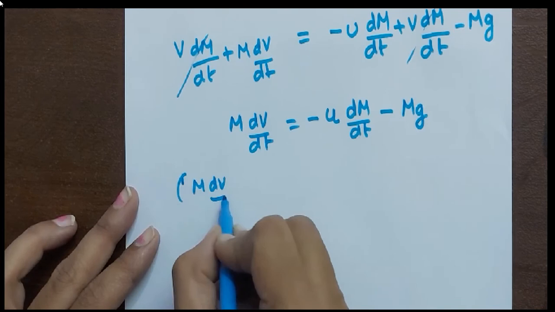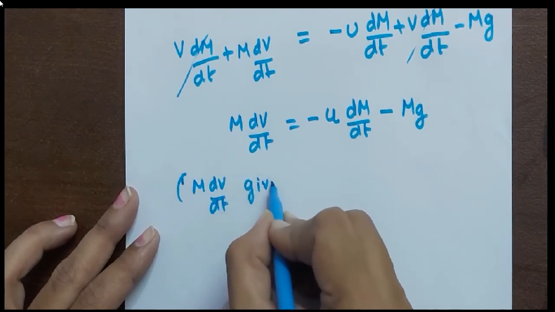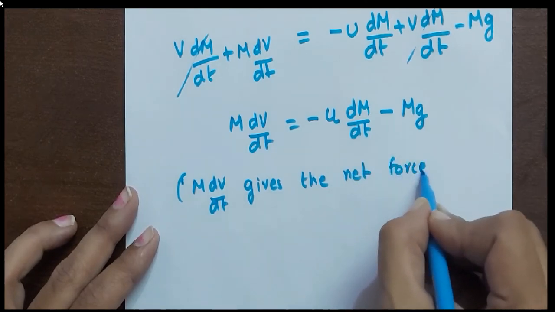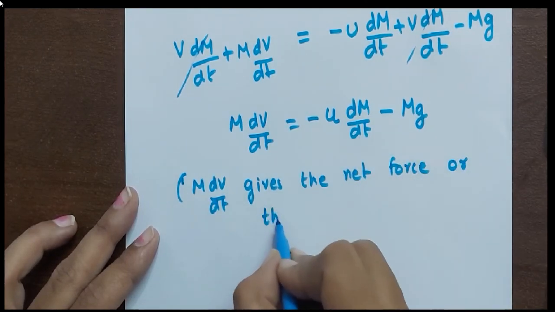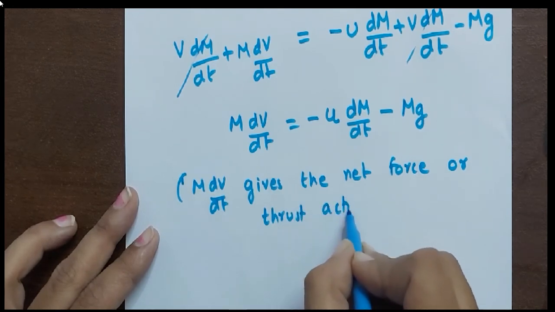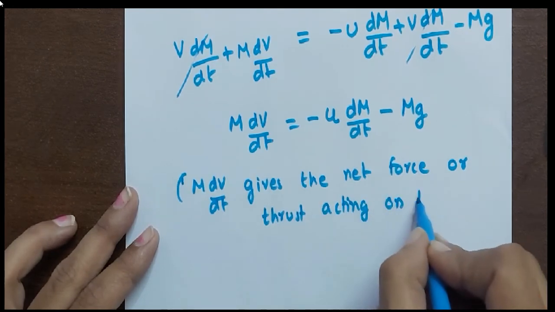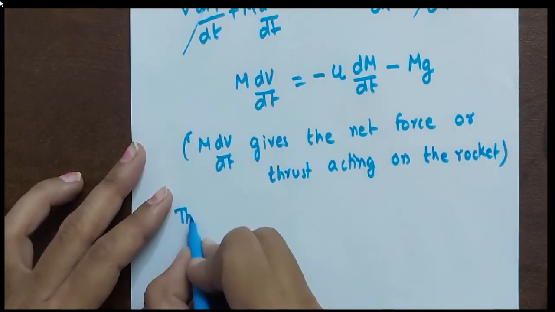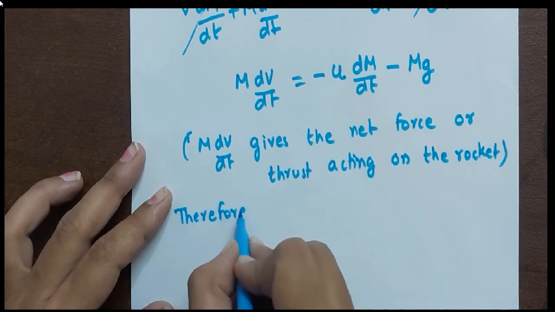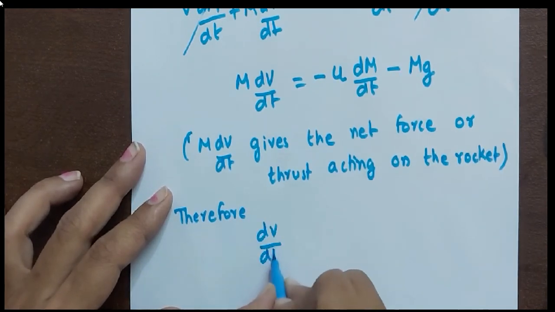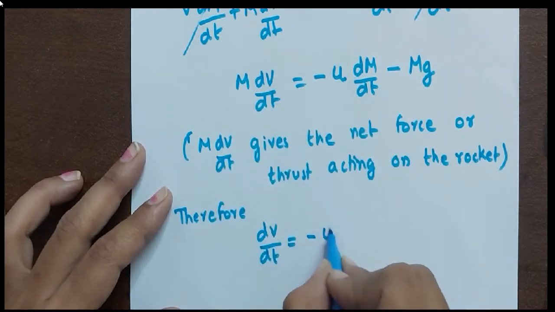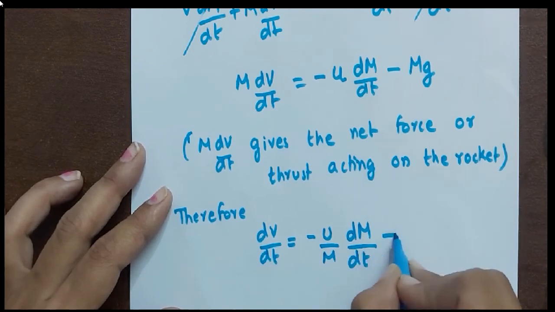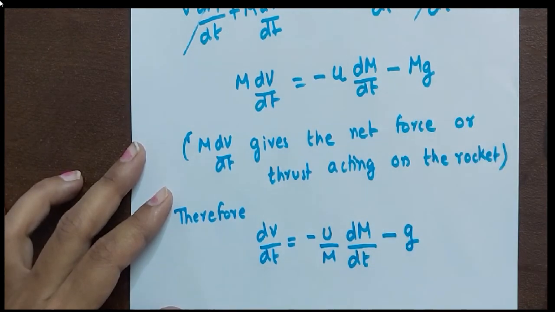M dv upon dt gives the net force or thrust acting on the rocket. Therefore, dv upon dt is equal to minus u upon M dM upon dt minus g, because M gets cancelled.